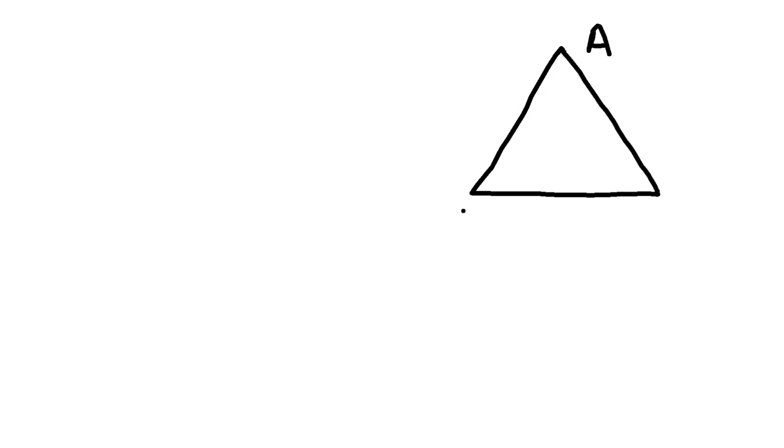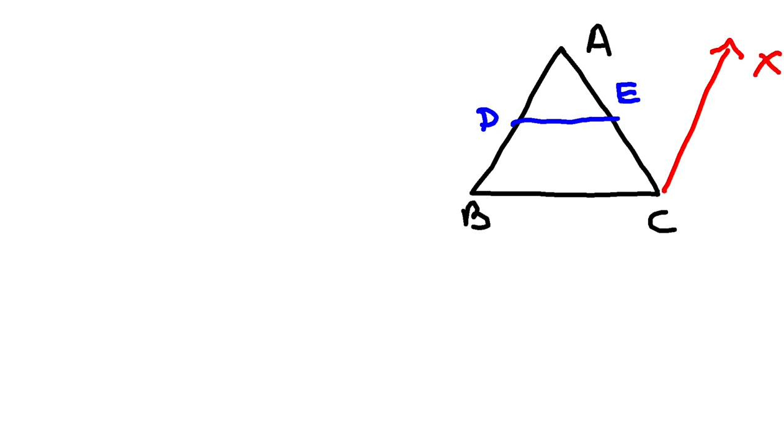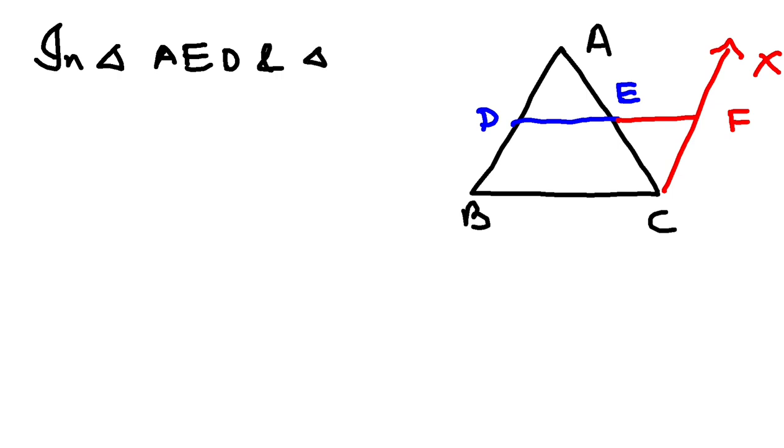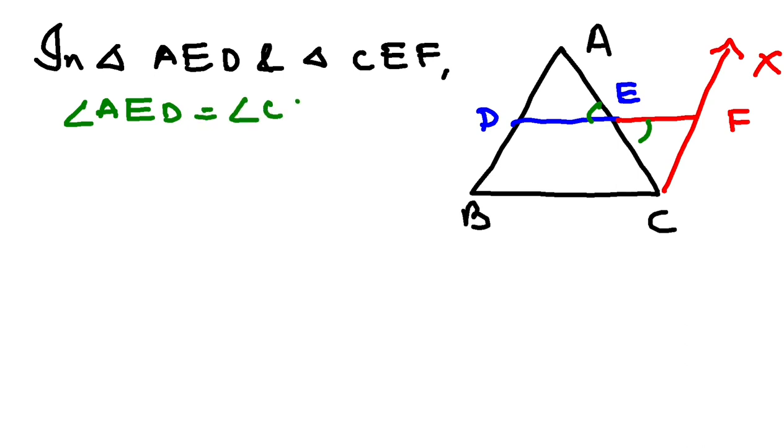Let me redraw the figure now. ABC, DE. This is the construction. F. Okay, done. Okay, so now in triangle AED and triangle CEF, we have this angle equal to this angle. So I have angle AED equal to angle CEF. Why? Vertically opposite angles. Okay, we also have AE equal to EC.